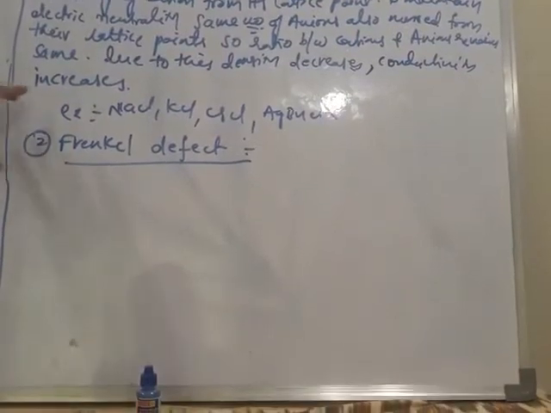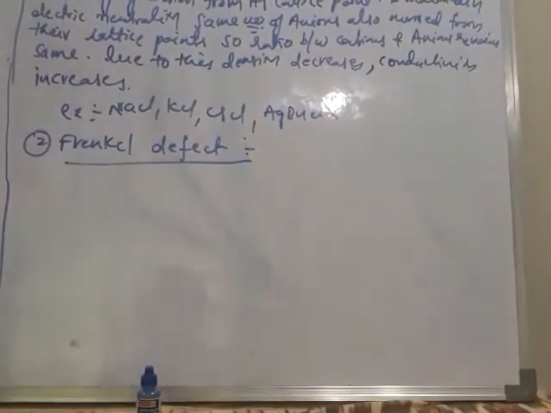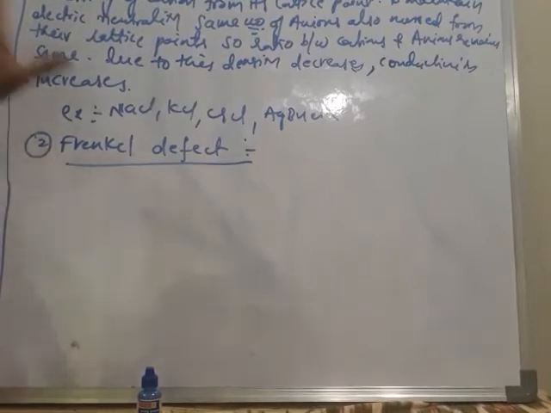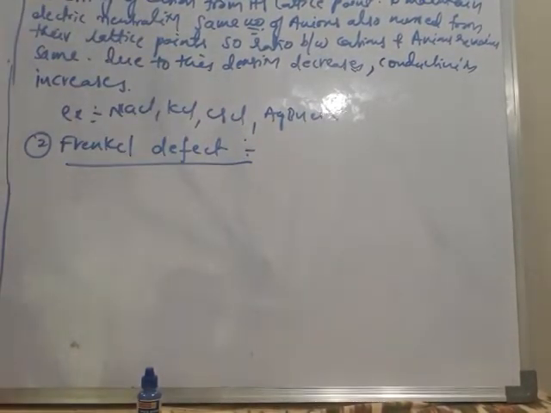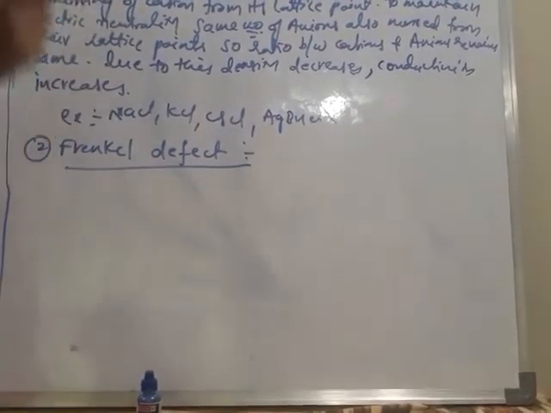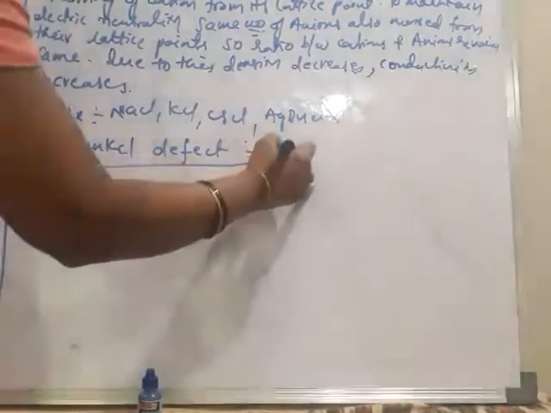And it also arises due to the missing of cation from its lattice point. But in this type of defect, the missed cation remains in the crystal itself. The missed cation occupies the interstitial position present in the crystal.